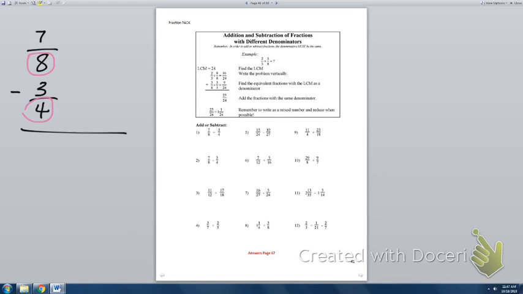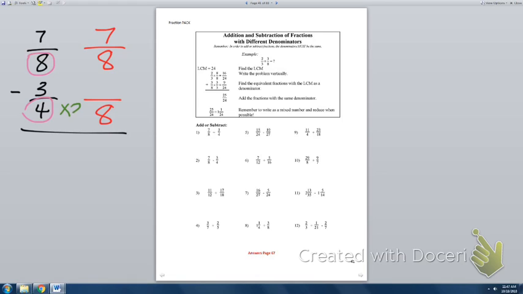The small does divide into the larger number evenly, which always means I can use the largest denominator, never the smaller one. Never, ever, ever. And that's good because now 7/8 is already in 8s. I just moved that over, and I only have to convert my bottom one.